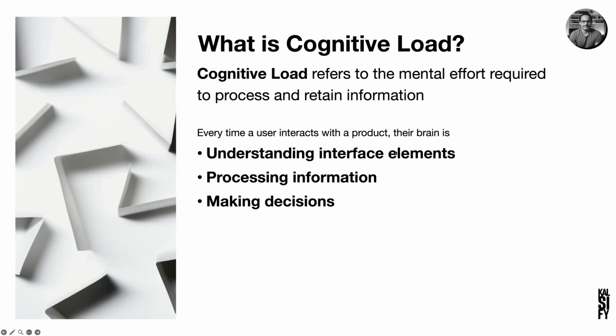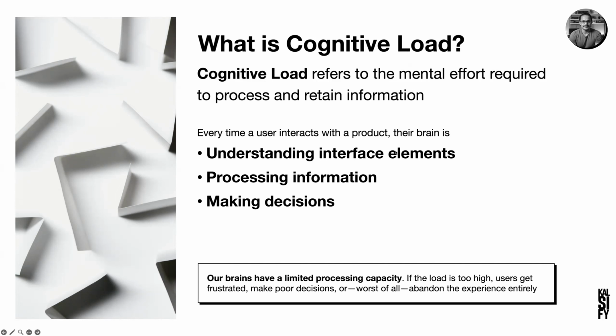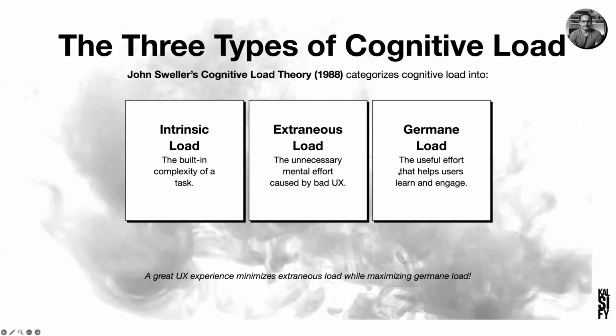As discussed earlier, our brains have a limited processing capacity. Just like a computer slows down when too many applications are open, users struggle when faced with too much information at once. If the load is too high, they get frustrated, make poor decisions, or, worst of all, abandon the experience entirely. Next, let's understand the 3 types of cognitive load and how they impact UX.